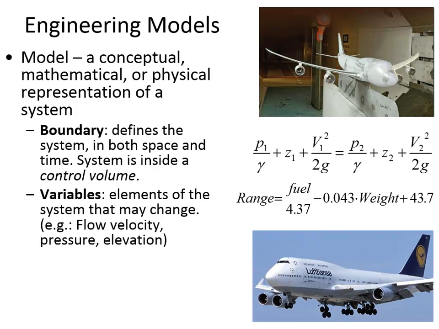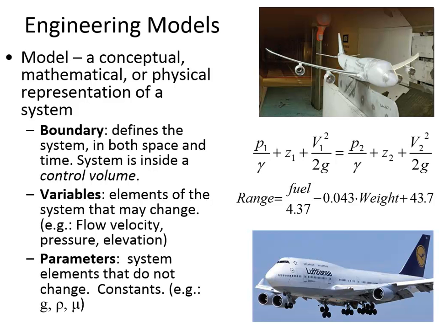The variables may change over time, and so the variables in Bernoulli's equation will be the velocity, the pressure, the elevation. Those are the variables, and then there are constants as well, the constants being gravitational acceleration and the unit weight of water. Those parameters remain steady.